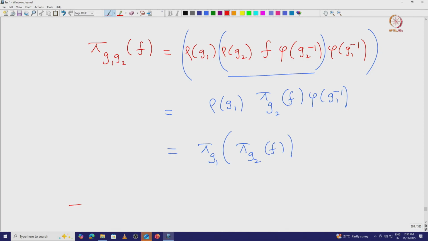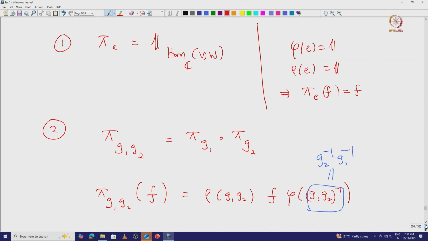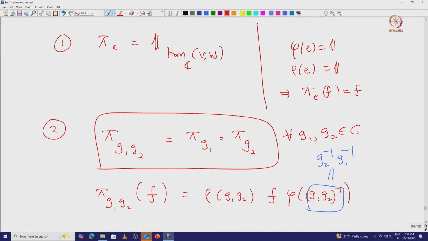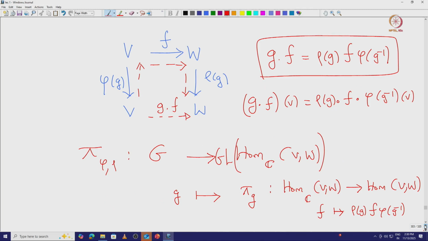So pi g1 g2 is exactly equal to pi g1 composed with pi g2. This is what one needs to verify in order to prove that this is indeed a group homomorphism. All other things will be taken care of because the group has inverses, so the images are invertible. So pi g inverse is going to be the inverse of pi g. That is all immediate.